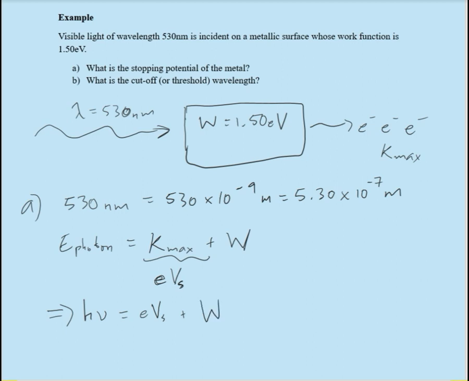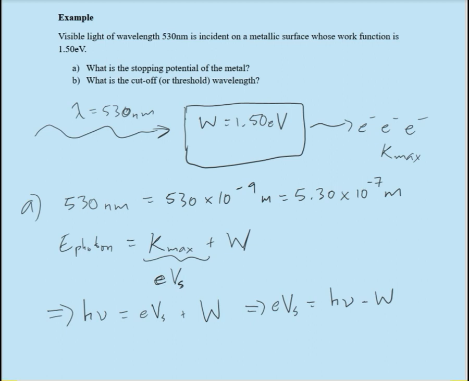So let's rearrange and let's see what happens here. So eV_s is equal to Planck's constant h times nu, minus W. Now the thing is, we were given the wavelength, we weren't given the frequency.